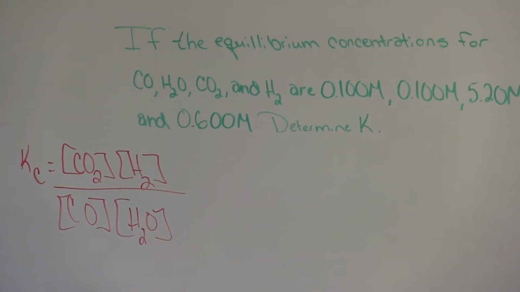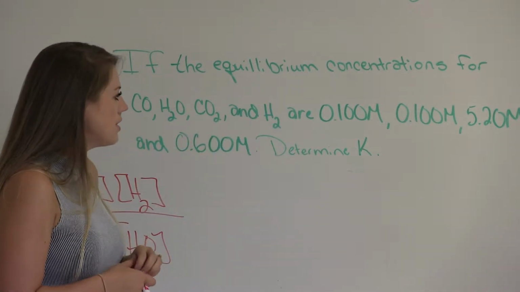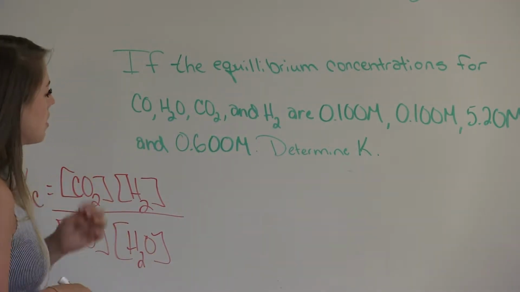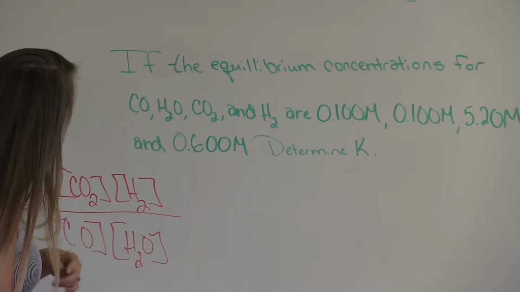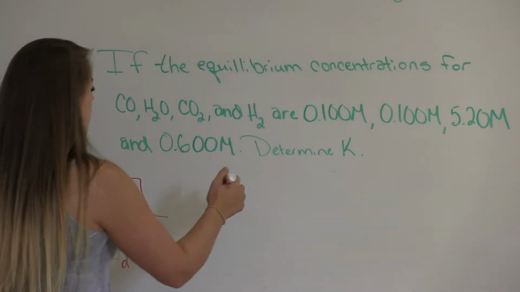Now let's look at the problem. It says if the equilibrium concentrations for carbon monoxide, water, carbon dioxide, and hydrogen gas are 0.1 molar, 0.1 molar, 5.2 molar, and 0.6 molar, determine K. We've already got our equilibrium expression written, so we can plug these numbers in.